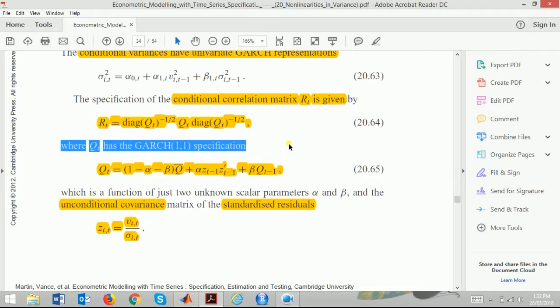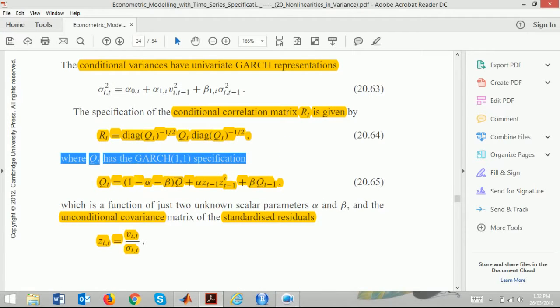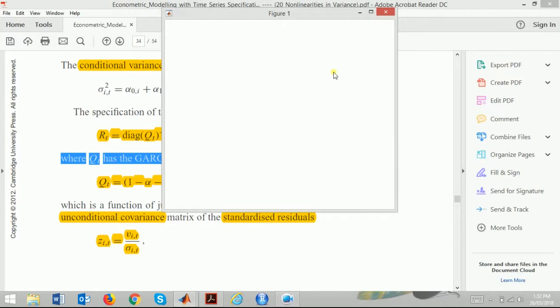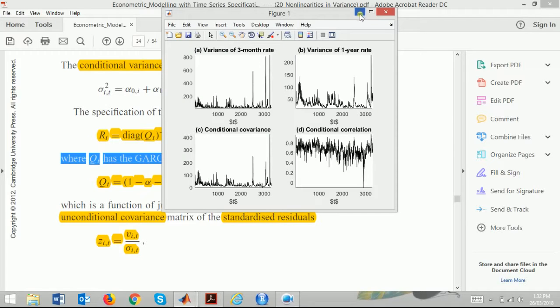You use the Q hat and you find Q. Then you put the Q in R. So you take the diagonal elements of Q, and the inverse of the diagonal elements of Q, which represent the variances, you take the standard deviation and simply multiply by Q.